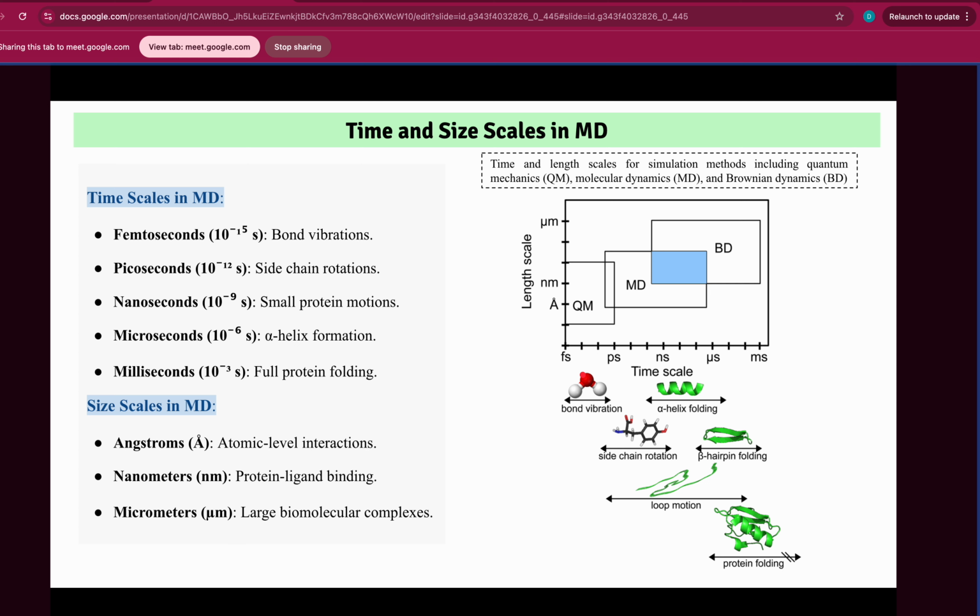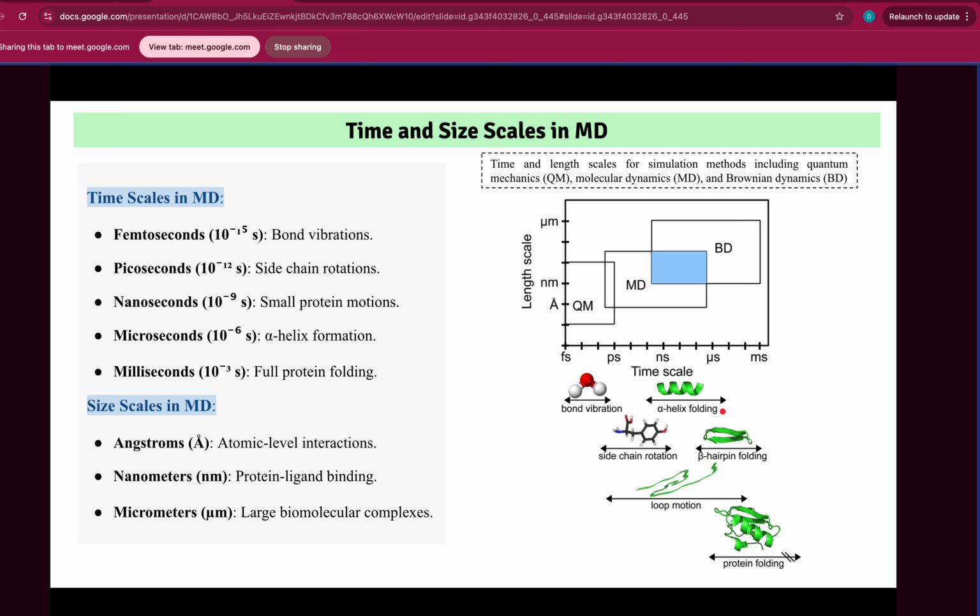If you want to study bond vibrations, then you need to perform MD simulations at a time step of femtoseconds or picoseconds. Because if you consider a step size of milliseconds or seconds, then you won't be able to capture the bond vibrations. It appears that nothing is taking place. So to study different bond vibrations, we need to perform MD simulation at this particular time scale.